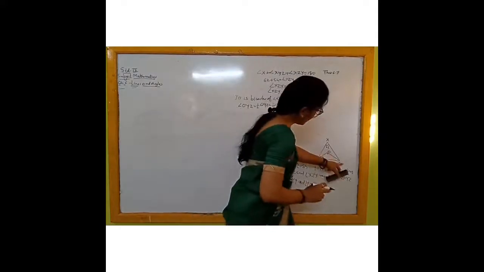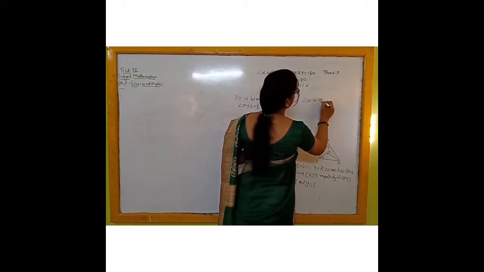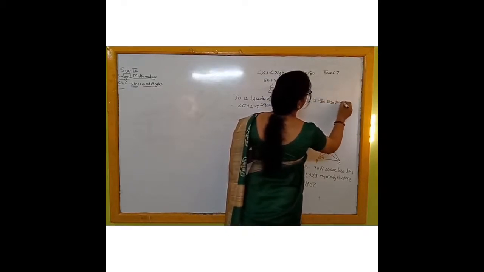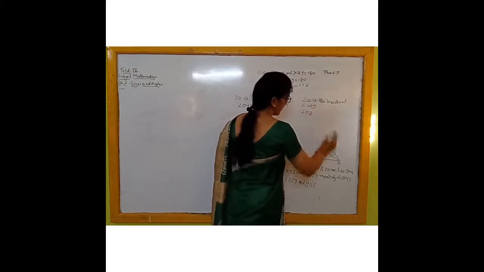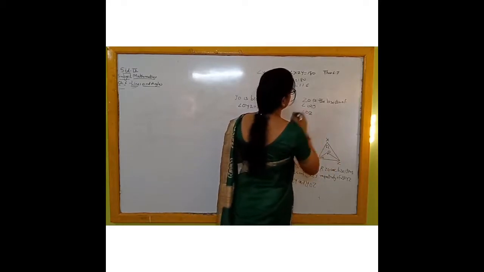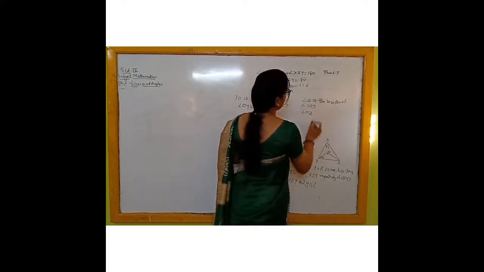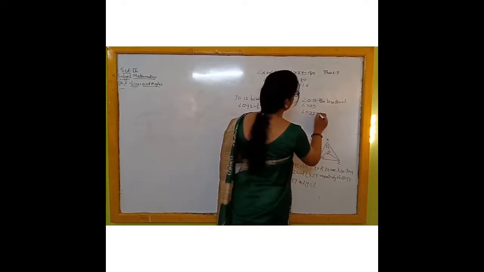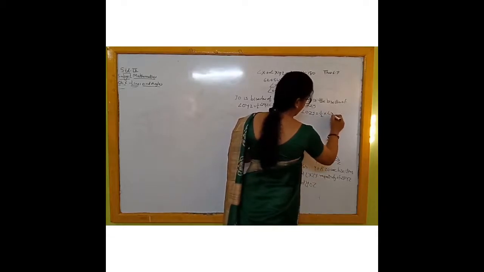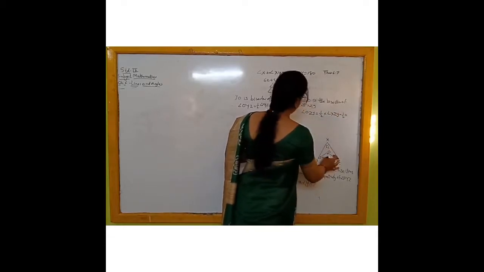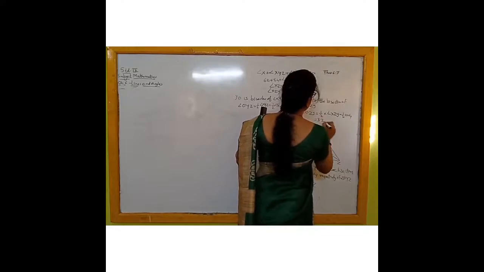Now ZO is the bisector of angle XZY. Therefore angle OZY is equal to half of angle XZY. That is half of 64, which is 32.